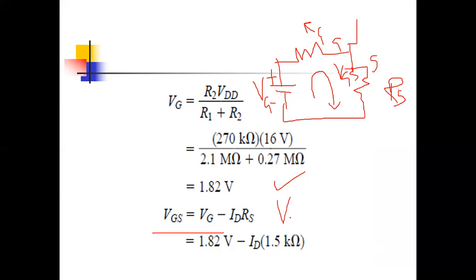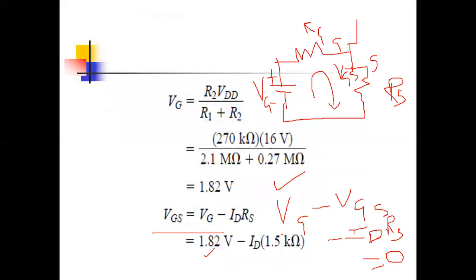VG minus, IG current is always 0, so there is nothing, then minus VGS because you are moving from plus to minus, then minus the voltage across this, ID RS, equals 0. So VGS will be VG minus ID RS, and putting the values of VG and ID RS, you will calculate the VGS. Okay, got it?